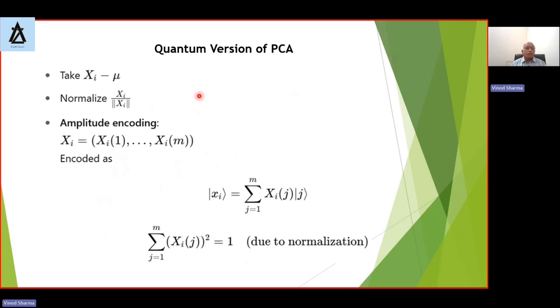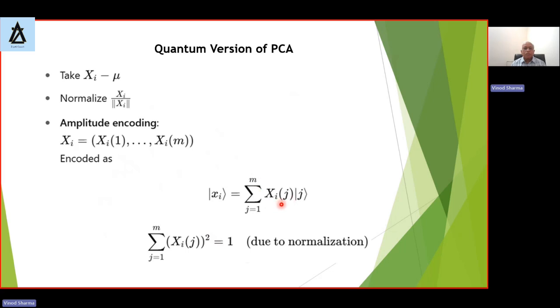This traditional data xi, before we can use quantum circuits, needs to be converted into quantum data, and there are many ways to do that. What we are using here is the amplitude encoding method. In amplitude encoding, take this vector xi. It has m dimensions, denoted by xi1 to xim. Then this xi in the quantum data is represented as the quantum state |xi>, given by the summation over j equal to 1 to m of xij |j>.